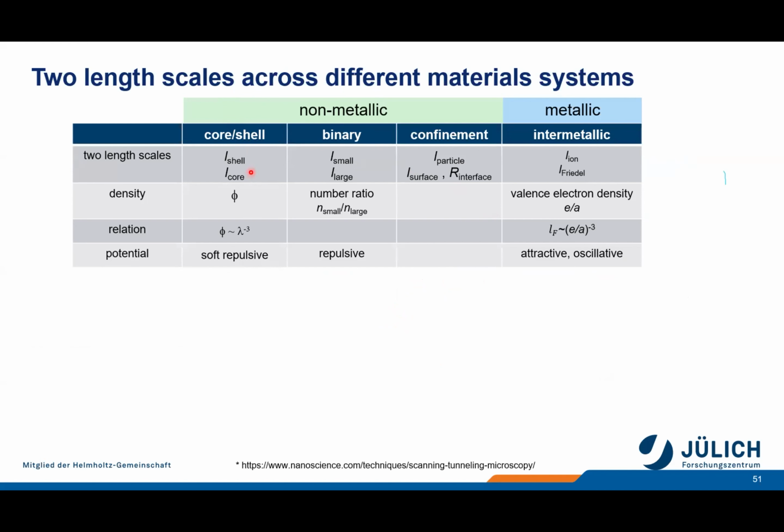So we have the core shell systems where you have as the two length scales shell and core diameter. You need to vary the density to get into stability regions of the quasicrystal. And there's a geometric relation between the volume fraction and the length scale. And this was for soft repulsive particles. For binary mixtures, the two length scales are the small and the large diameter particles.